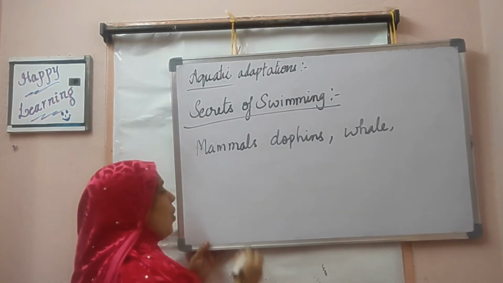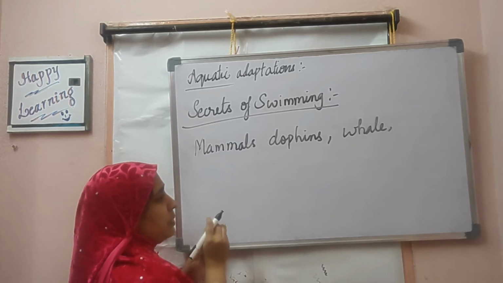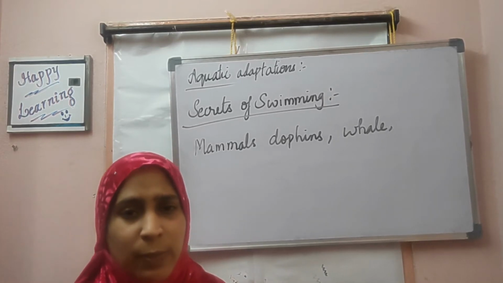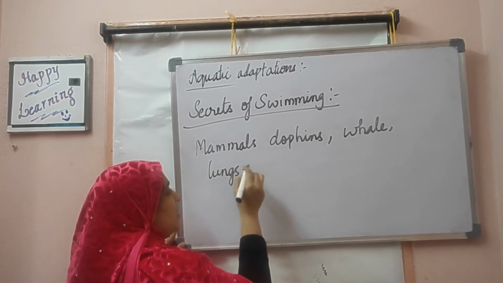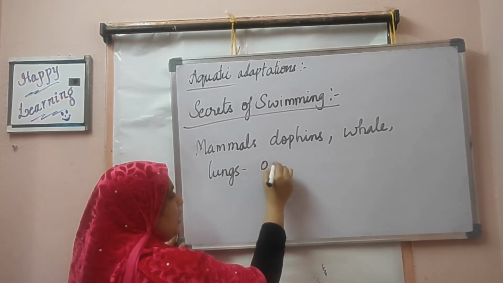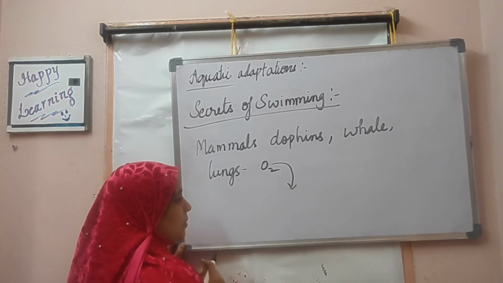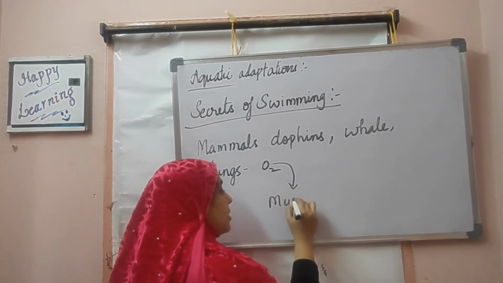Okay, so when these organisms want to go into deep water, their lungs, which are large in size, have oxygen. The oxygen present in the lungs is shifted to muscles.